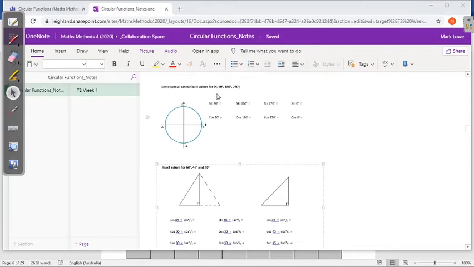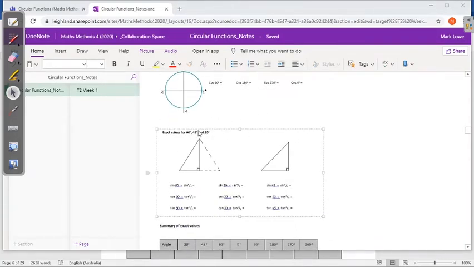Okay, so we've had a look at these values in the notes. Let's look now at this part where we're looking at exact values for some particularly important angles: 60 degrees, 45 degrees, and 30 degrees, which relate to pi on 3 radians, pi on 4 radians, and pi on 6 radians.